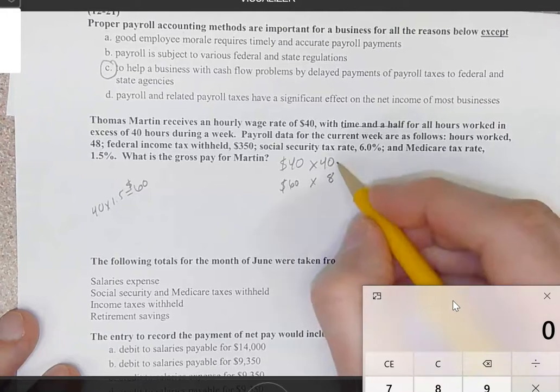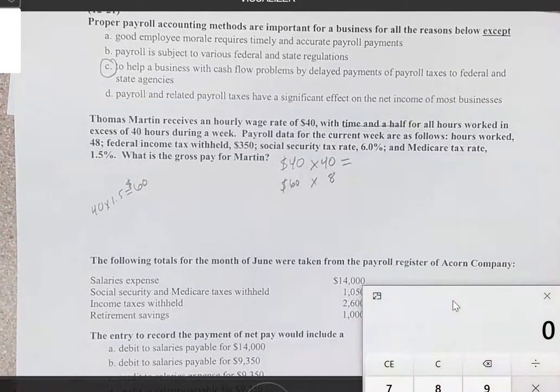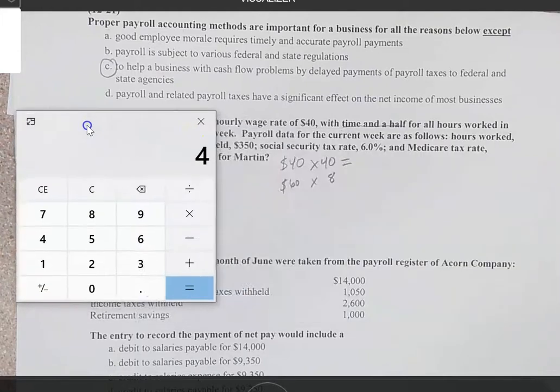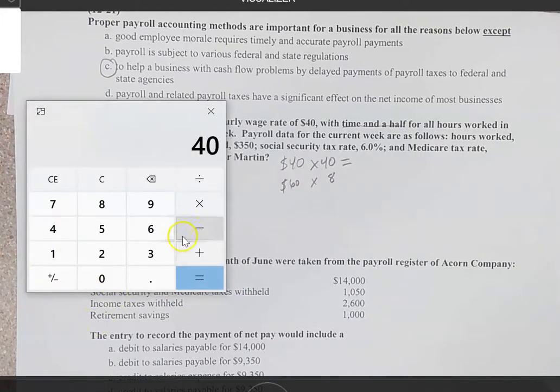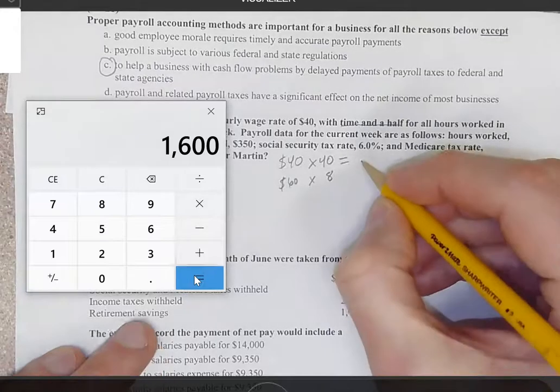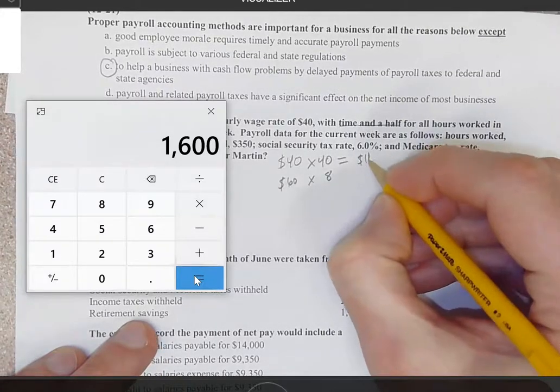Okay? So we'll go ahead. We don't really need to use our calculator here, but we'll do it anyway. 40 times 40 equals 1,600. Okay? So let's just go ahead and write that. Right here, $1,600.